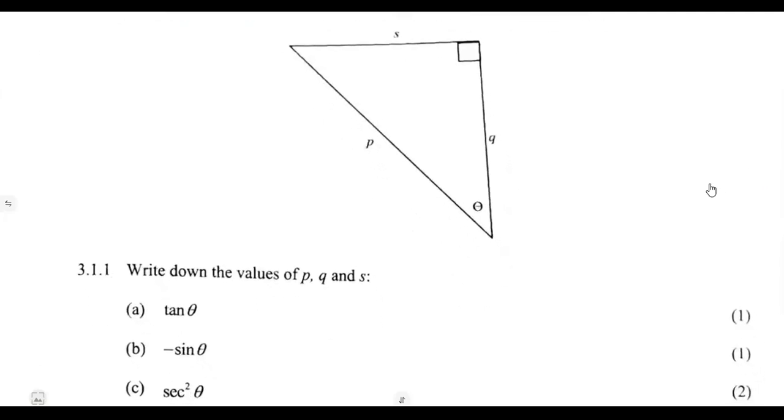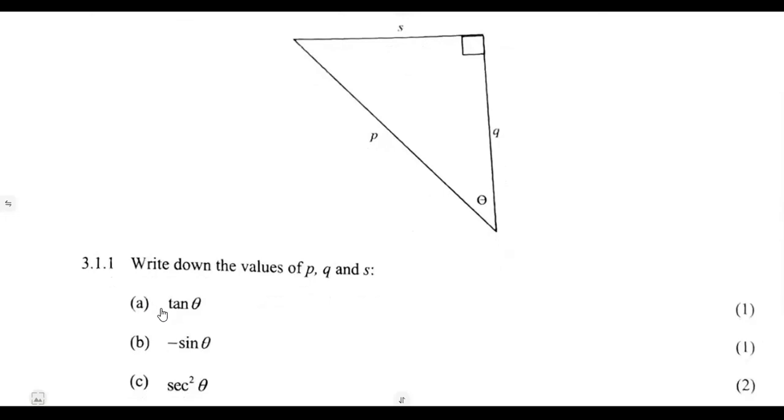And from this diagram, they simply need us to find these ratios. So guys, simply know the SOHCAHTOA concept. Remember our SOHCAHTOA concept. What do we have? Sine, opposite over hypotenuse, cos, and tan.